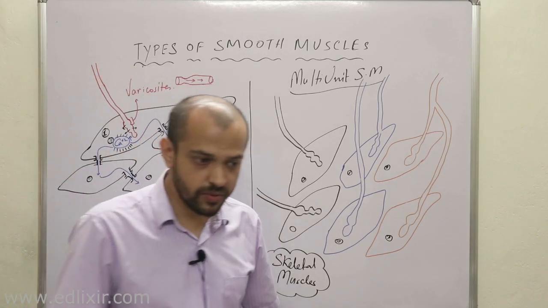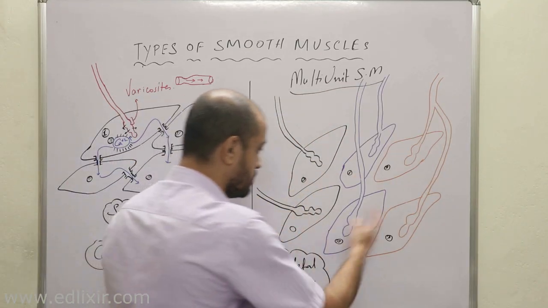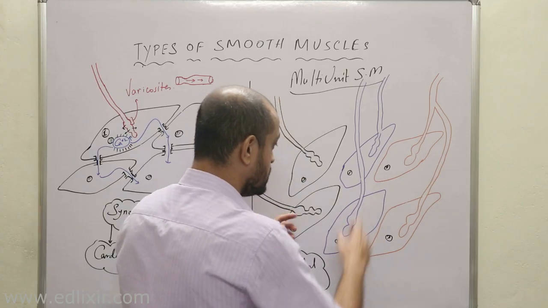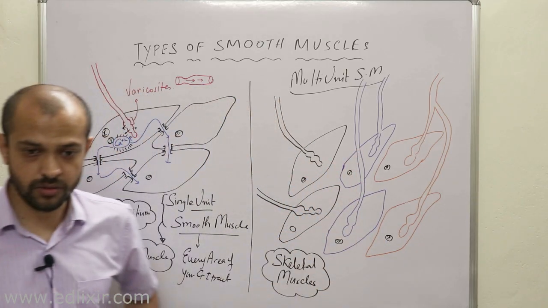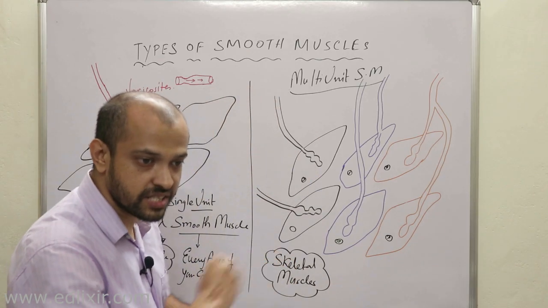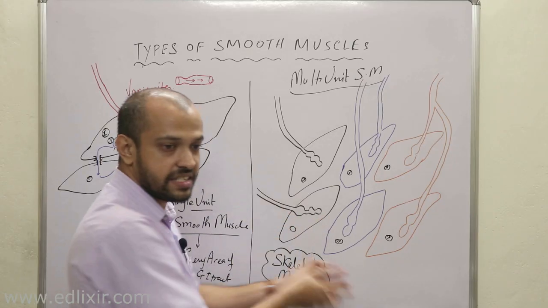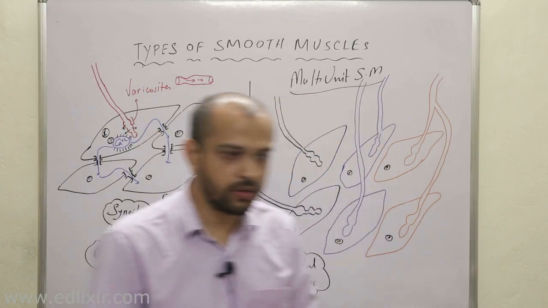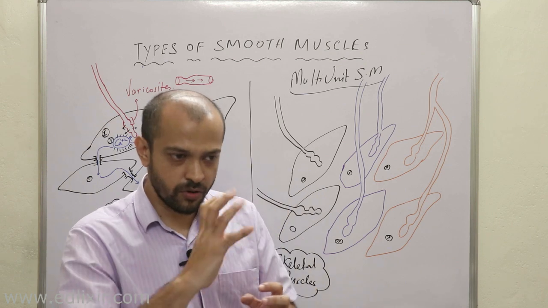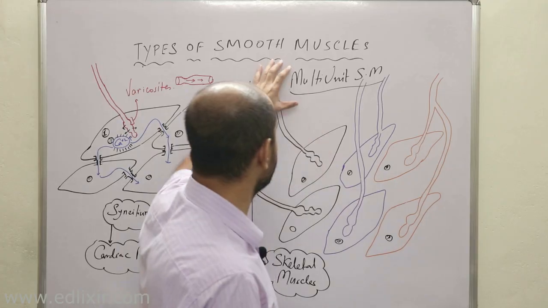That's it. When will our body employ multi-unit smooth muscle? Now listen, every muscle cell is actually getting activated by a single neuronal fiber. That means which one will have more precision for contraction? Obviously the multi-unit smooth muscle, because each and every cell is getting their own supply. When our body requires specific contractions for a specific unit of time, the body employs multi-unit smooth muscle.